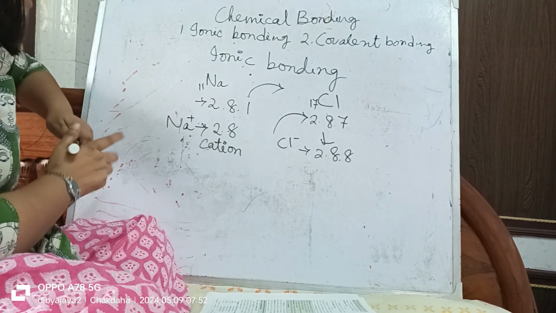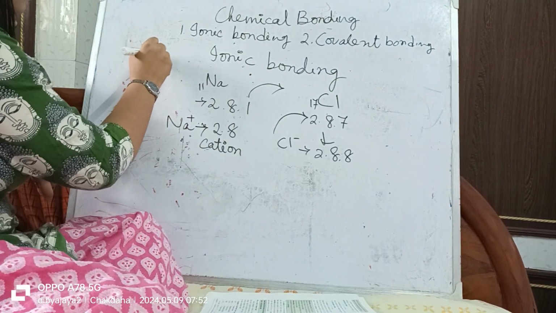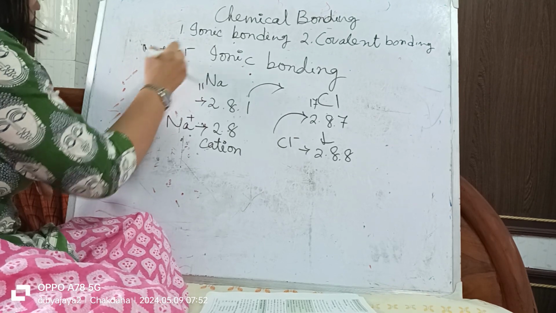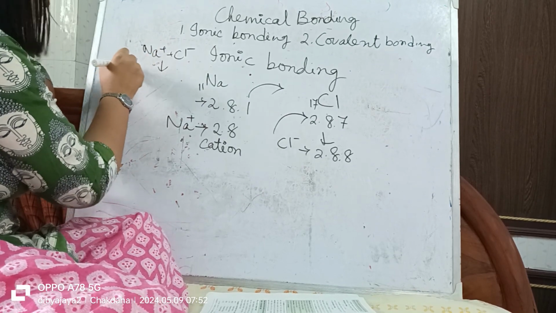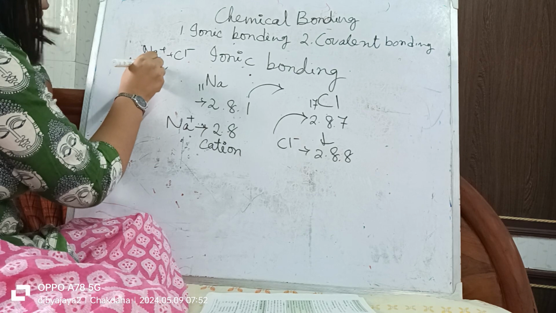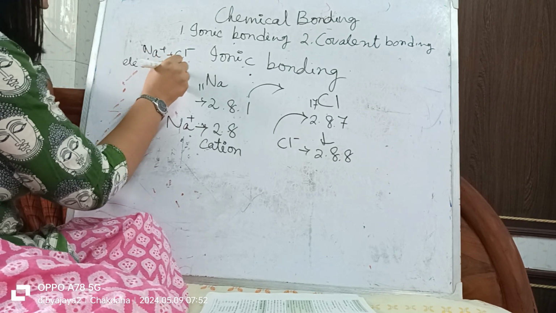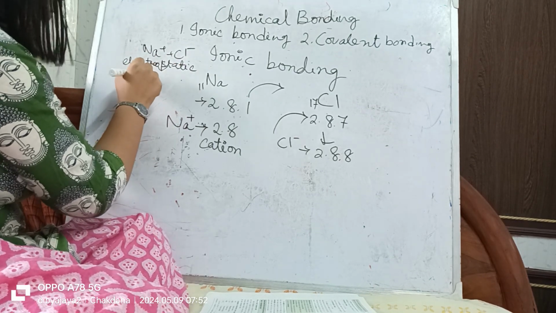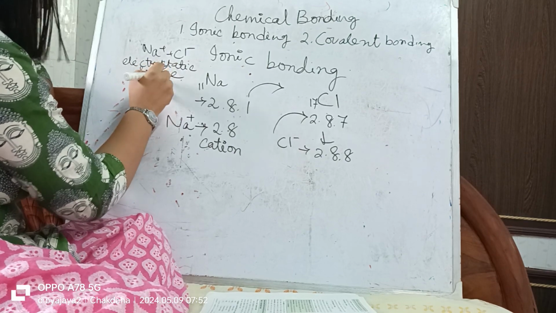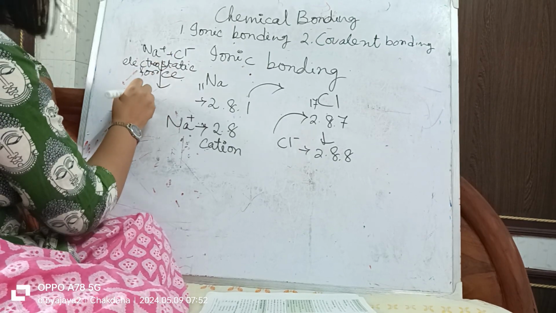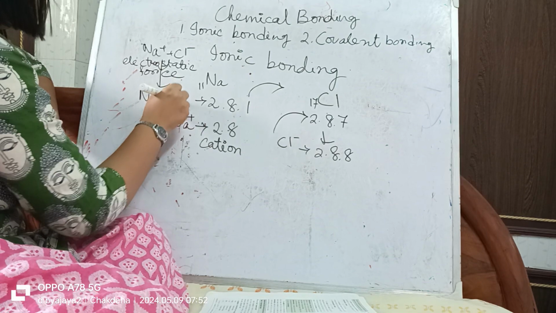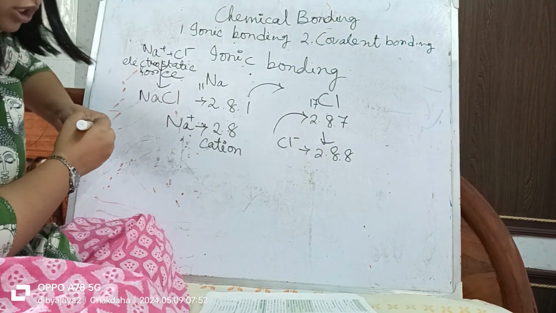Now next, between Na plus and Cl minus there is electrostatic force, and then it will make the NaCl ionic bond.